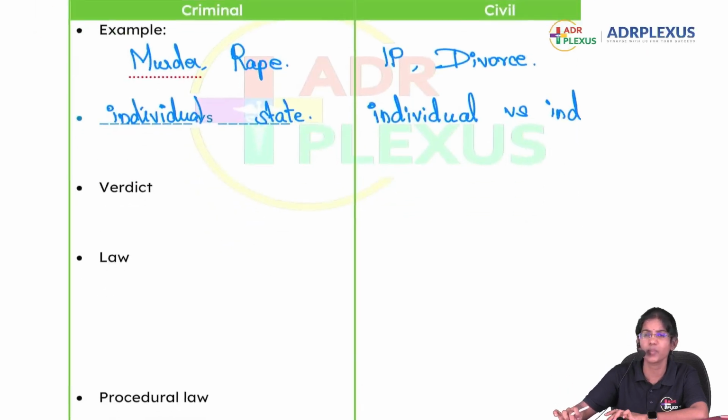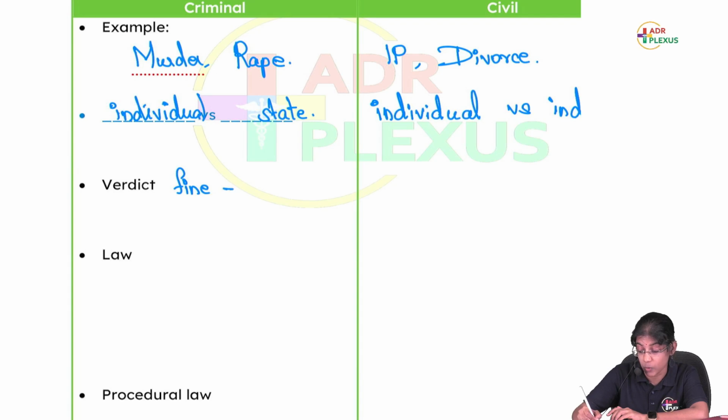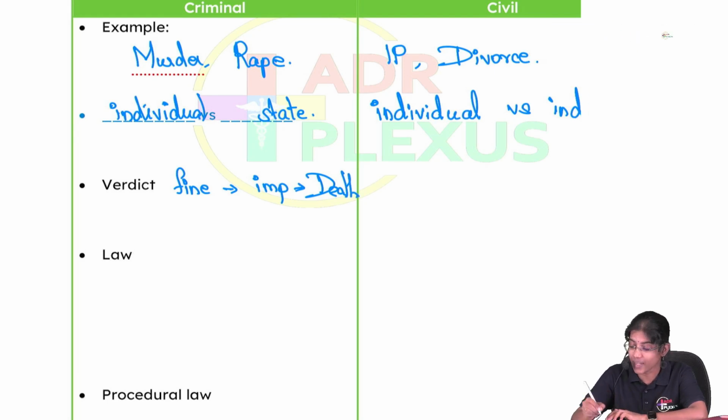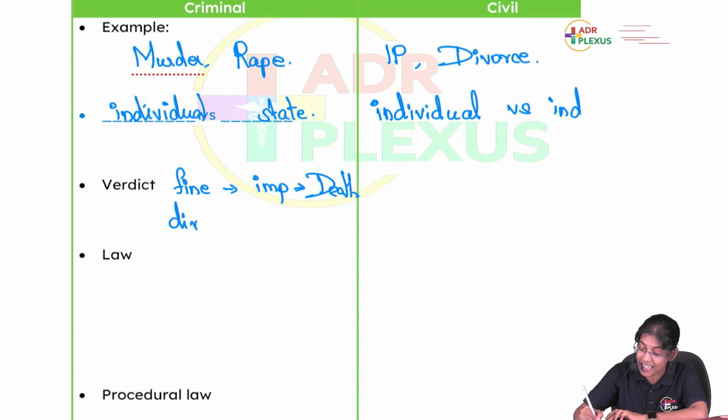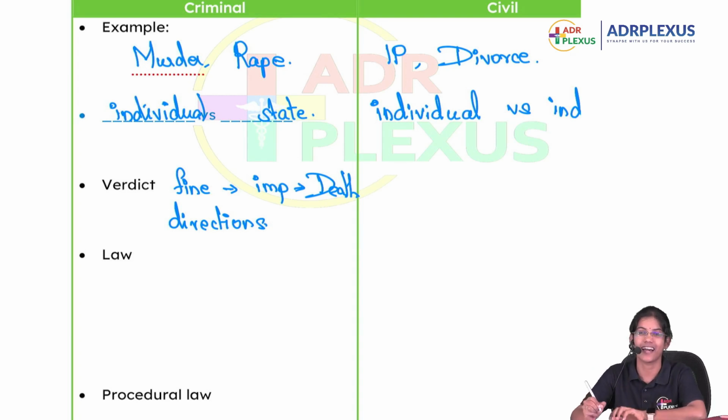So what is going to be the punishment? In case of criminal offenses, the punishment can range from a simple fine to imprisonment to even death sentences, right? They can also always give directions. Directions means do this, do that. Those are all called directions.